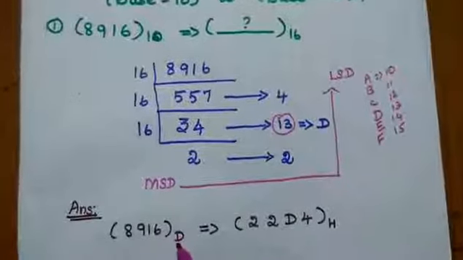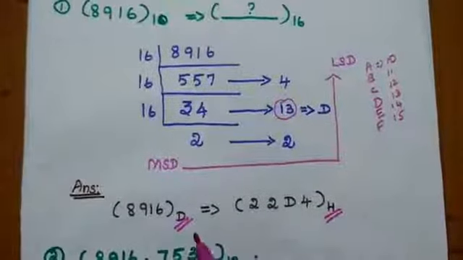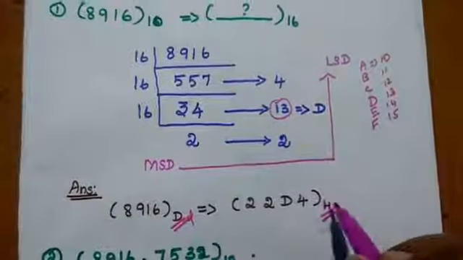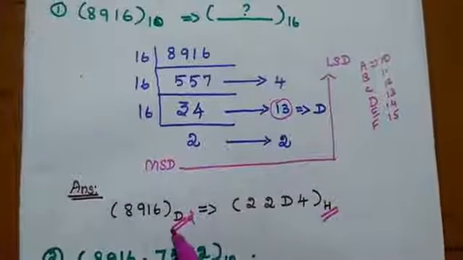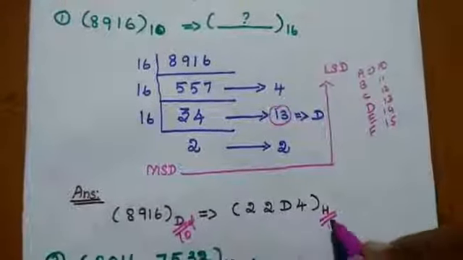Here D represents decimal, H represents hexadecimal. Sometimes they may give small d and small h. Sometimes they give the base value, that is 10 and 16.